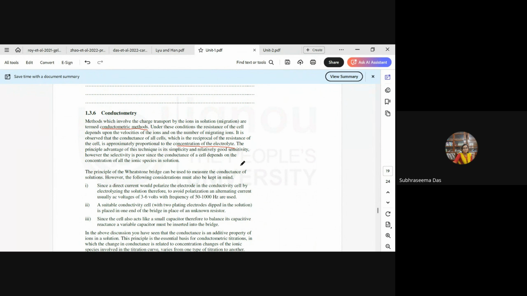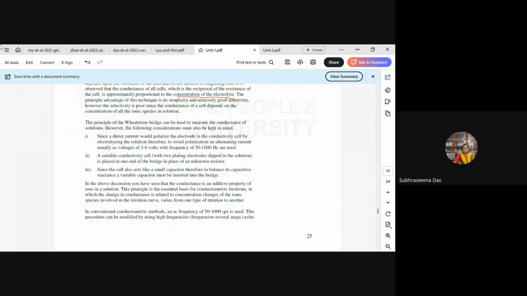The principle of the Wheatstone bridge that we know can be used to measure the conductance of solutions. However, we also need to keep some considerations in mind. First, since a direct current would polarize the electrode in a conductivity cell by electrolyzing the solution, alternating current is mostly used to avoid the polarization.